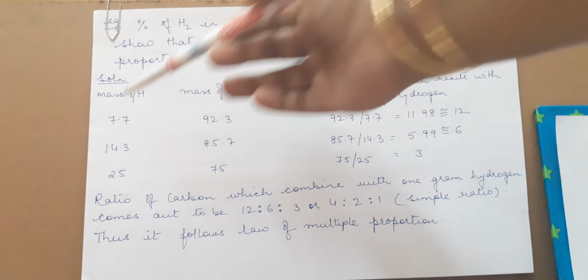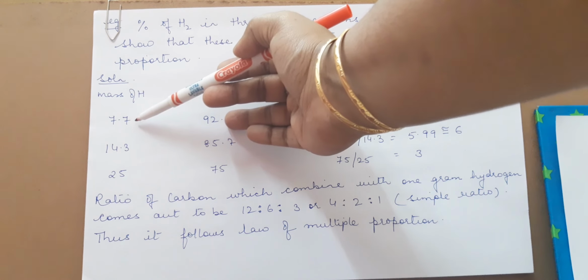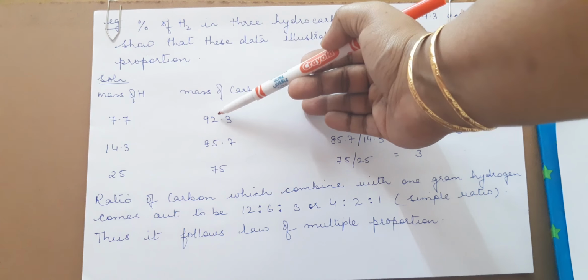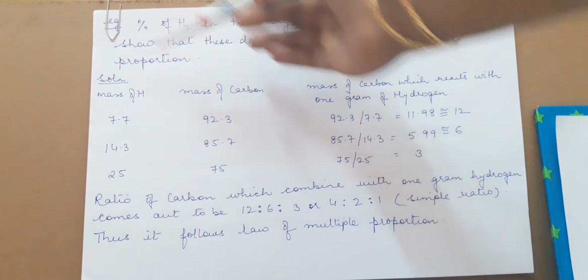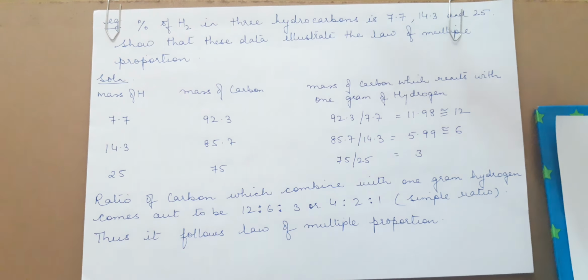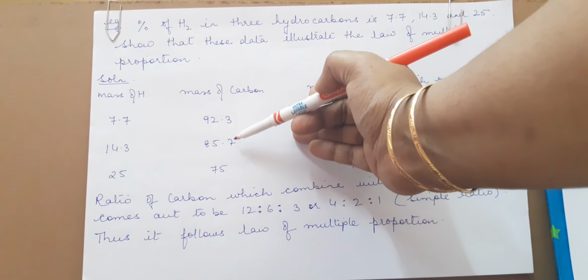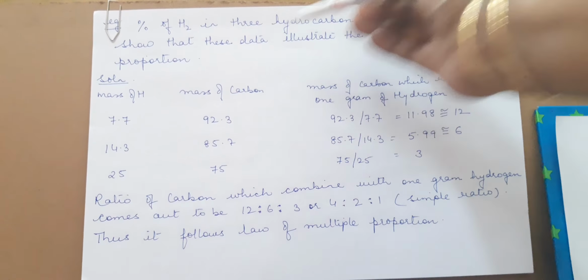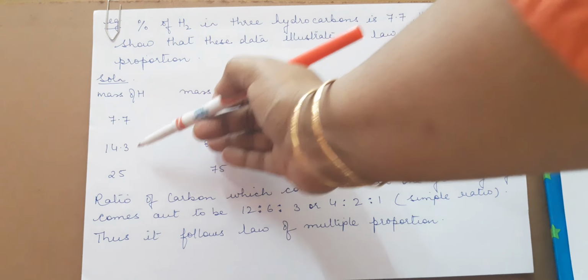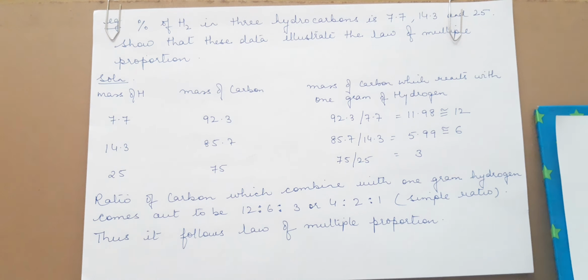Now, 7.7 gram of hydrogen combined with 92.3 gram of carbon, so 1 gram of hydrogen will combine with 92.3 divided by 7.7, which is almost equal to 12. 14.3 hydrogen combines with 85.7 carbon, so 1 gram of hydrogen will combine with 6 grams of carbon.